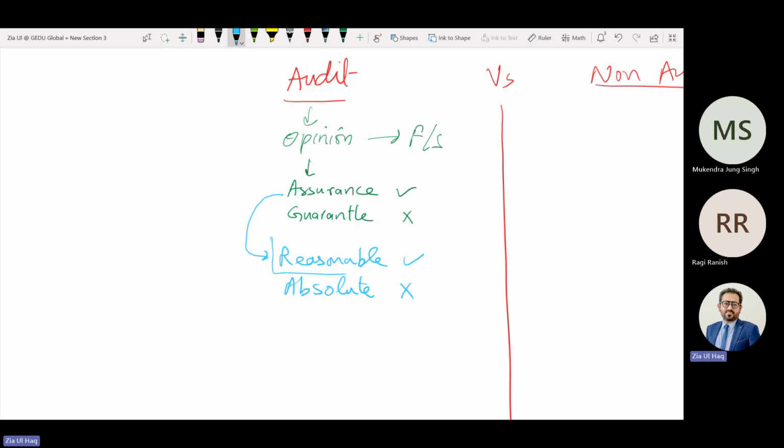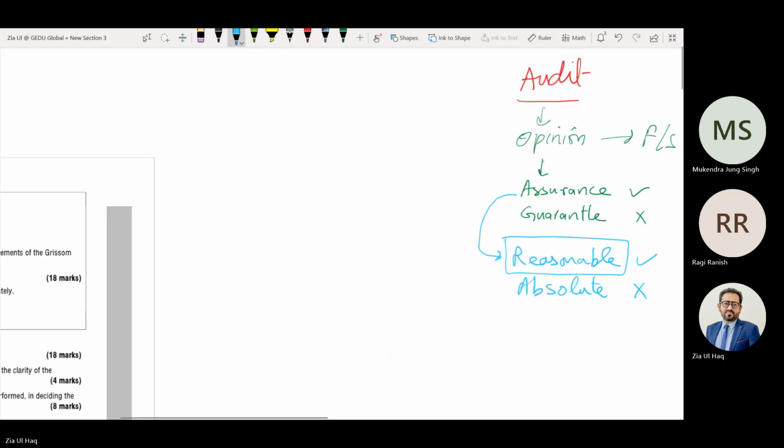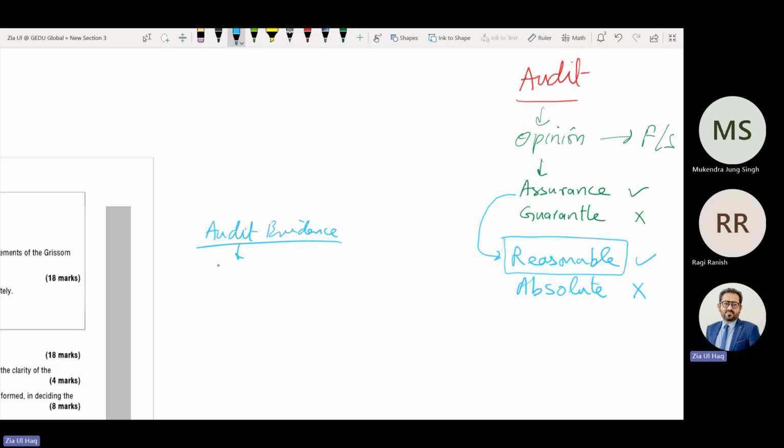Reasonable means less than 100%. Absolute means 100%. Should never provide 100% assurance near to guarantee. He provides reasonable assurance less than 100%, like 70 to 80%. Why? Because the nature of audit evidence that we have obtained is persuasive rather than conclusive.